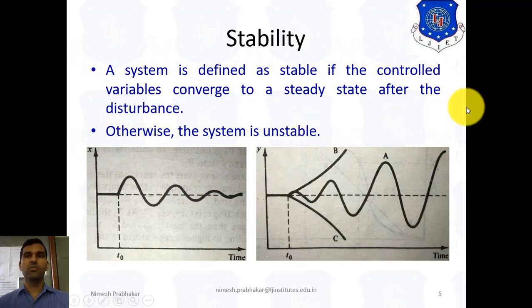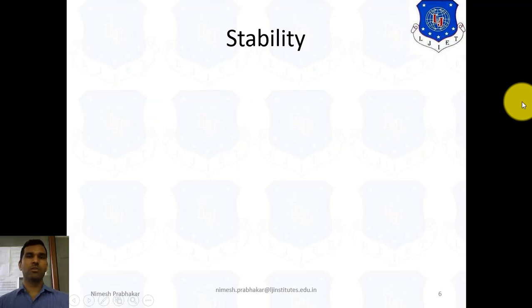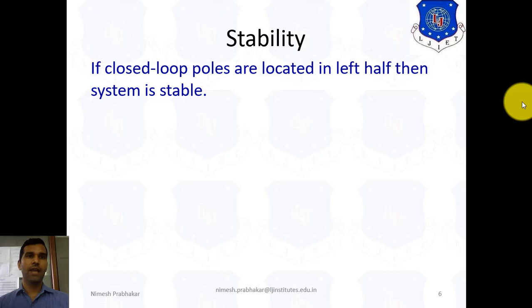Now to understand stability more, by using a transfer function we can also define the stability of the system. If closed loop poles are located in the left half, then the system is known as a stable system. We understand this by using one example.